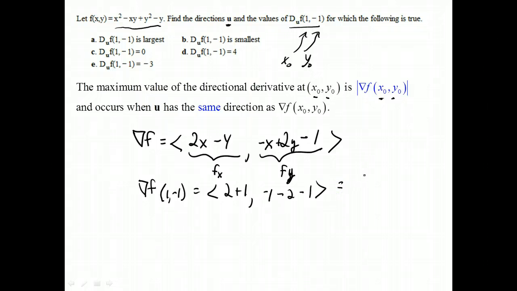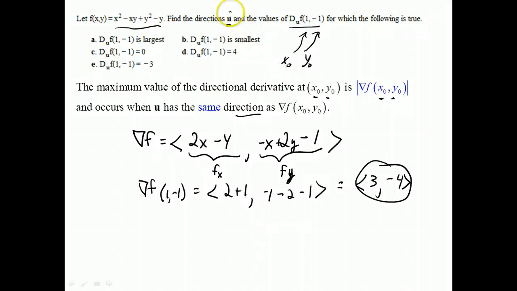So the gradient is 3, negative 4. And it is the same direction as the direction of maximum value.